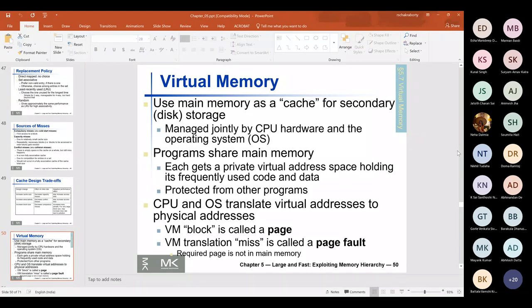Now we have considered the interaction between processor register, processor cache and main memory. Now, in today's class we will study the interaction between main memory and hard disk drive. Okay, so that is a very important part of modern computers.